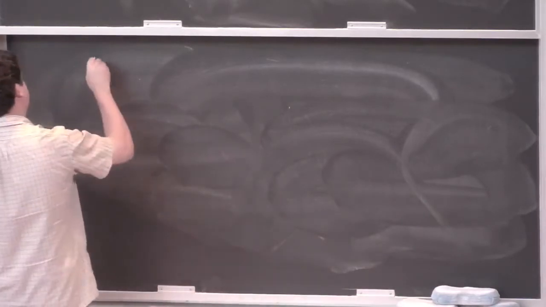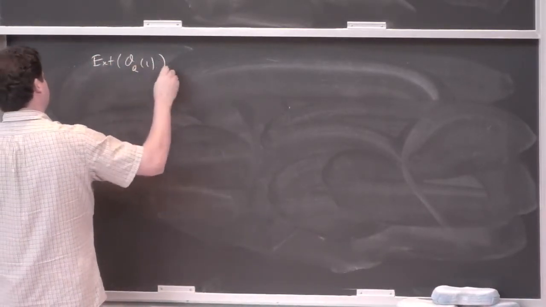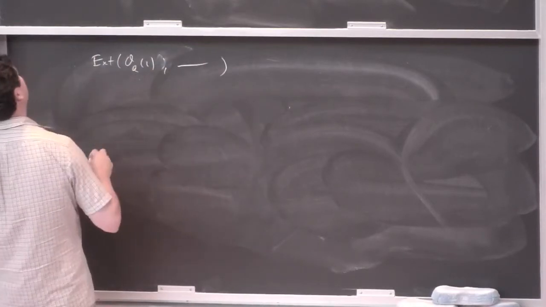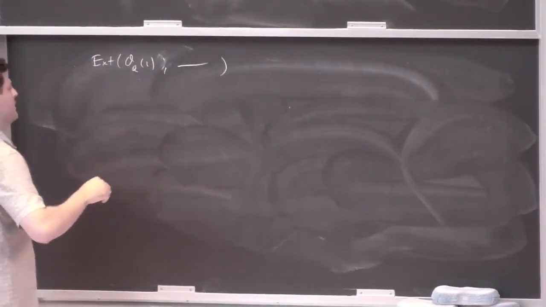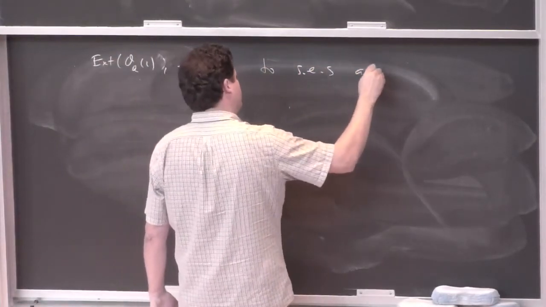So we're going to take Ext from OQ of 1 to these things, to the short exact sequence above.